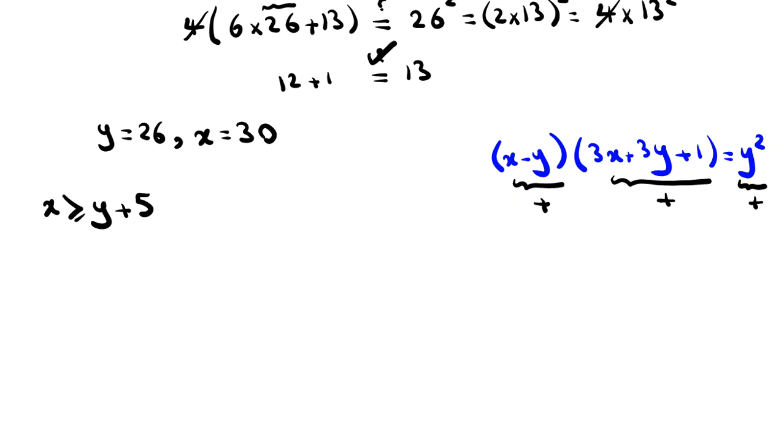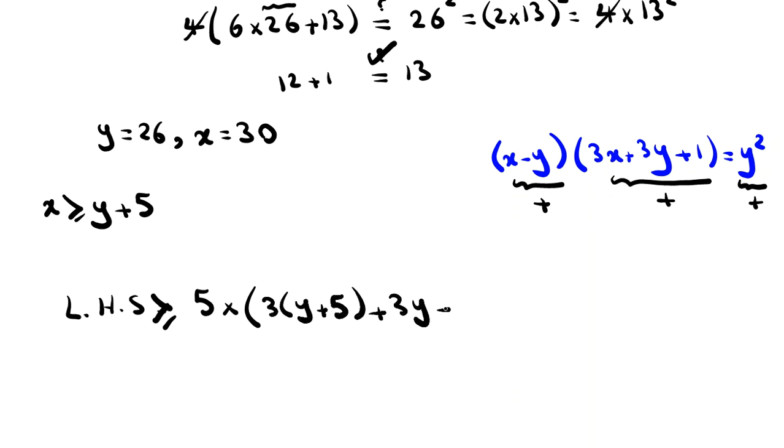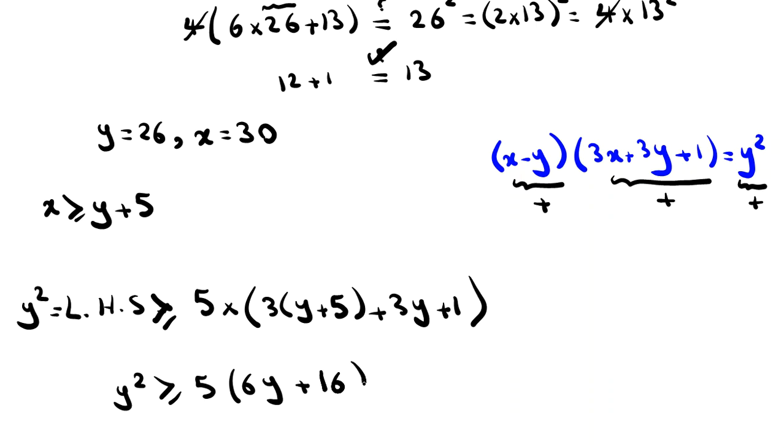So if x minus y is greater than or equal to 5, then we can write the left-hand side of this equation as greater than or equal to 5 times (x, with y plus 5, plus 3y) plus 1. And we know the left-hand side equals the right-hand side, y squared. So y squared is greater than or equal to 5 times (3y plus 3y, 6y plus 15) plus 1, 16.